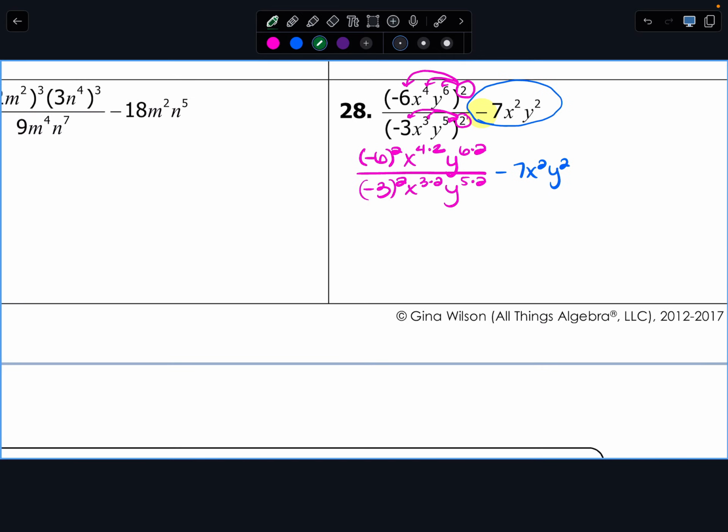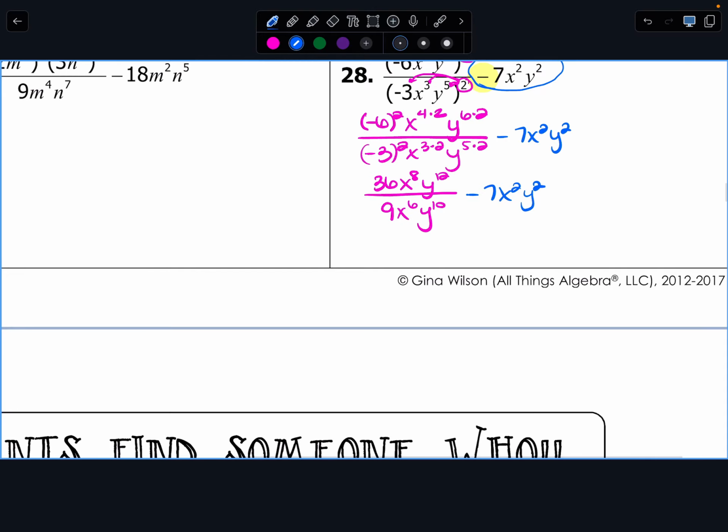I have to simplify this left-hand side, so a negative 6 squared is 36. I get x to the 8th, y to the 12th. I get a 9x to the 6th, y to the 10th. I can reduce my 9 with my 36, so I get 4.